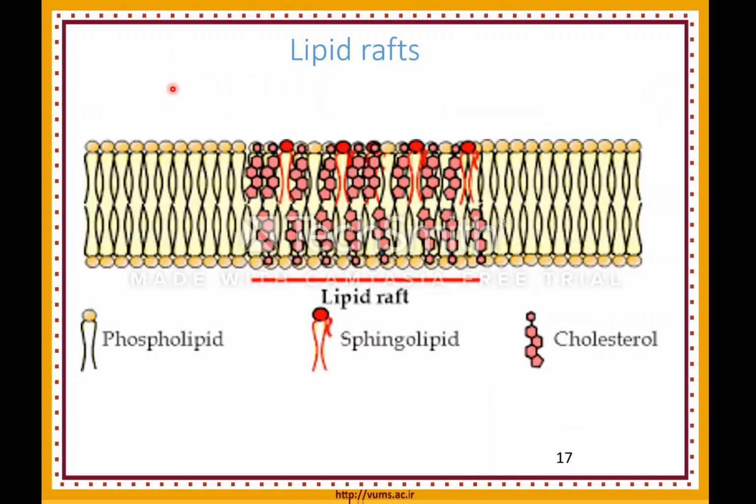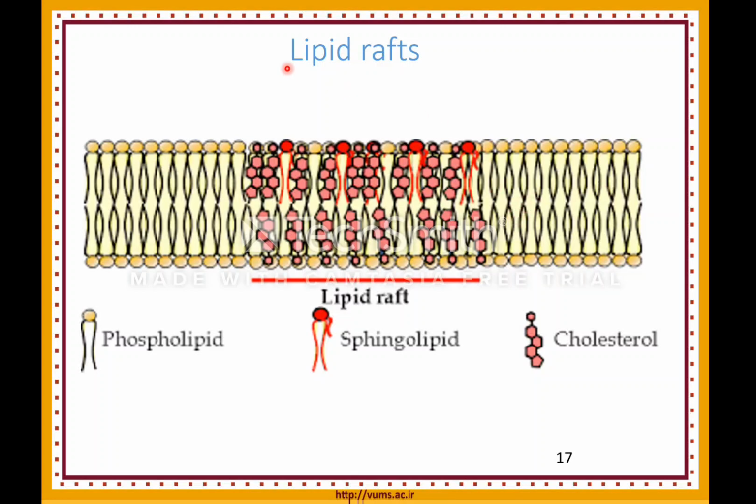But on the other hand, cholesterol can restrict the movement of some membrane proteins that are involved in cell signaling. These types of proteins must not move in the cell membrane.